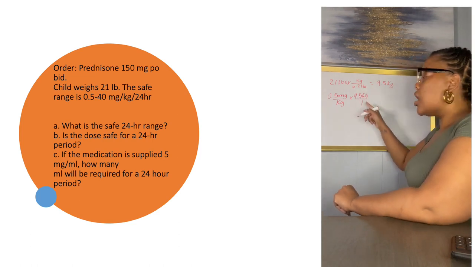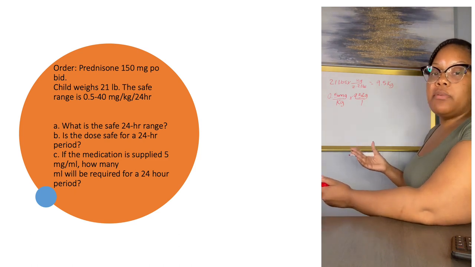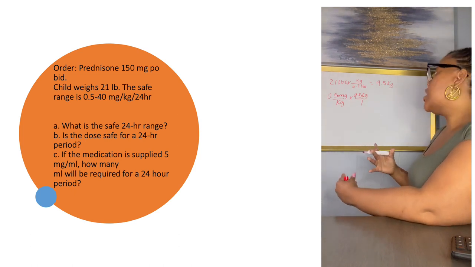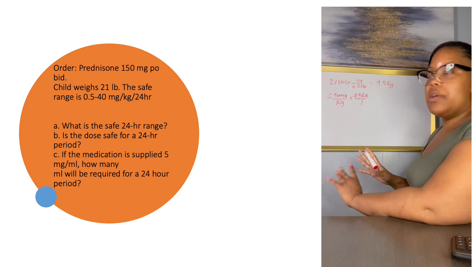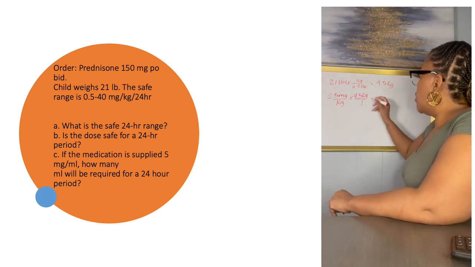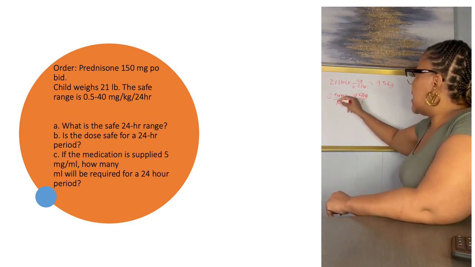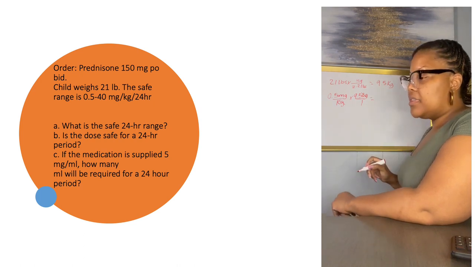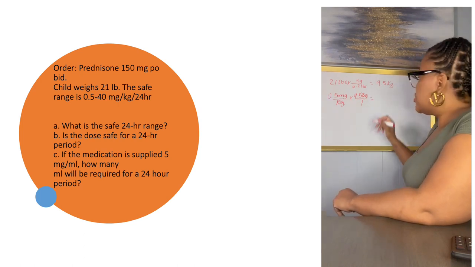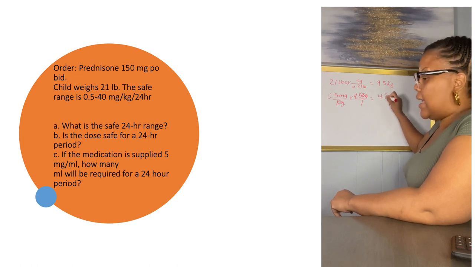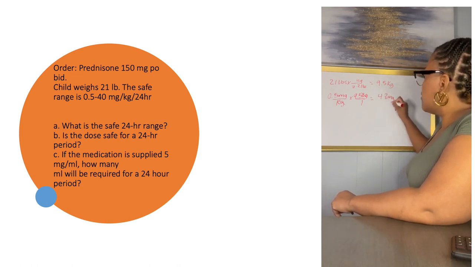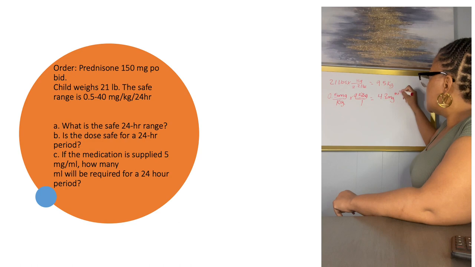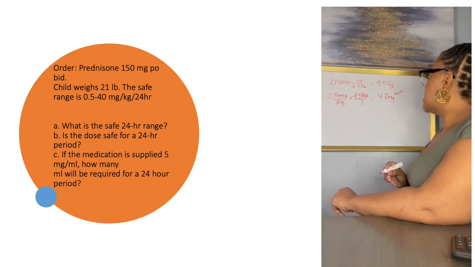If you like to start with the weight like I did in the other problem, it doesn't matter where you start, as long as your top matches your bottom, you're fine. All right, so our kgs cancel out, and we're left with mgs. So let's put that in our calculator, and we should get 4.8 mgs. All right, so this is the minimum safe dose that the patient can get.